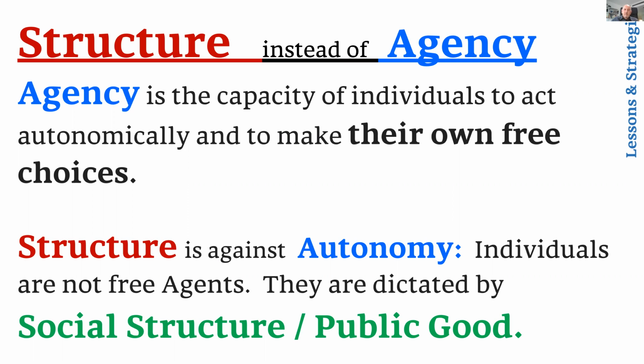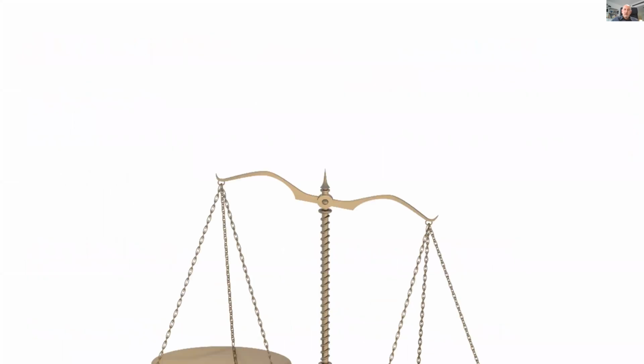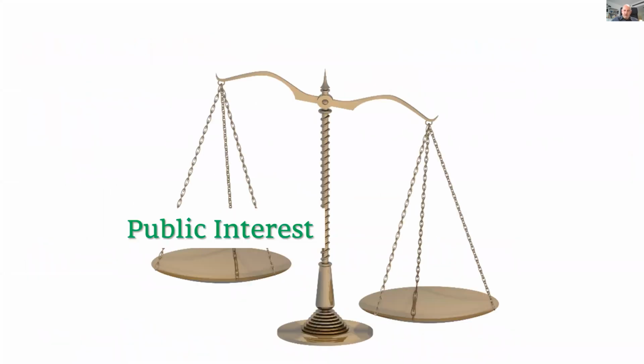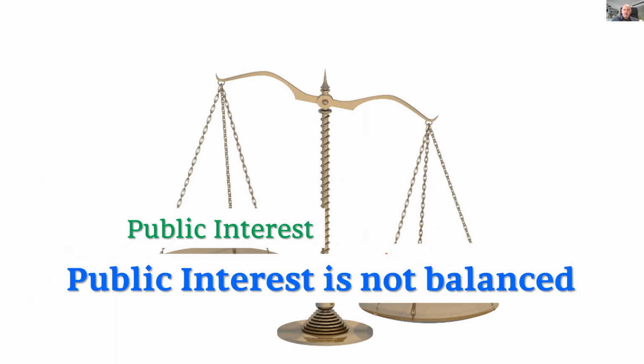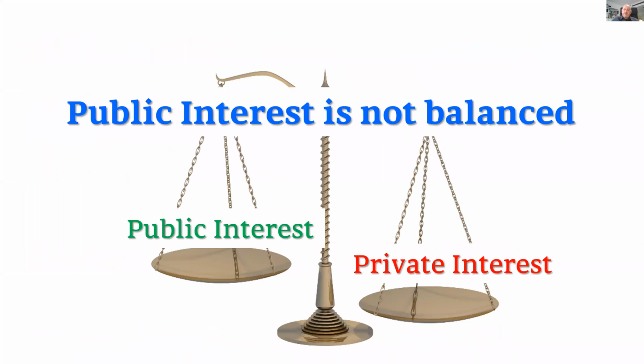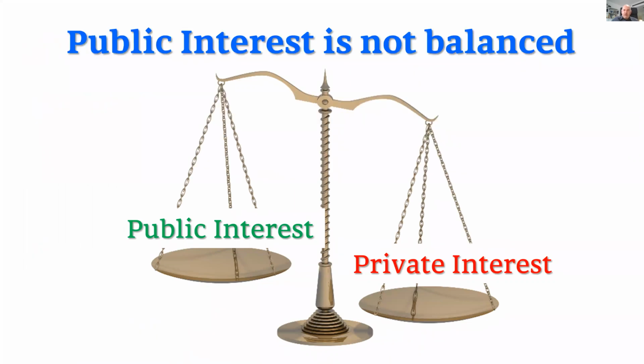And the problem in Uganda now is that the agency concept of individuals is heavier than the public interest. When you compare these two, you see that the private interest is much heavier than the public interest. And this is not balanced enough.